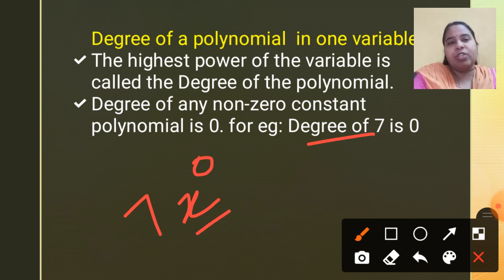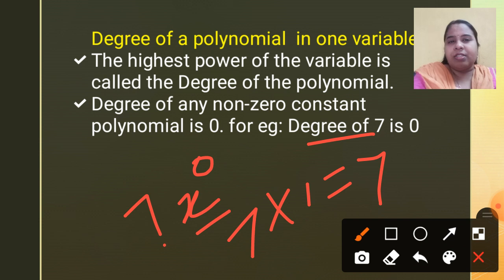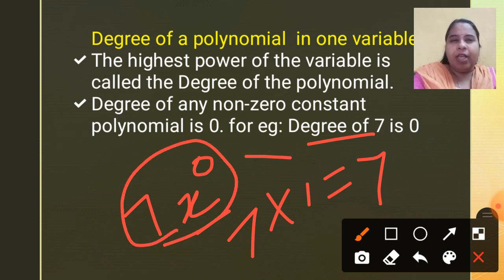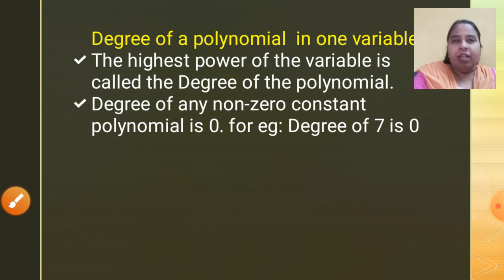Because x raised to 0 is nothing but 1. So, it is 7 into 1, that is 7. The question is not changed at all. 7 into x raised to 0 is the same as 7. Now, what is the degree of the variable here? 0. That is the reason this property is written, that the degree of any non-zero constant polynomial is 0.